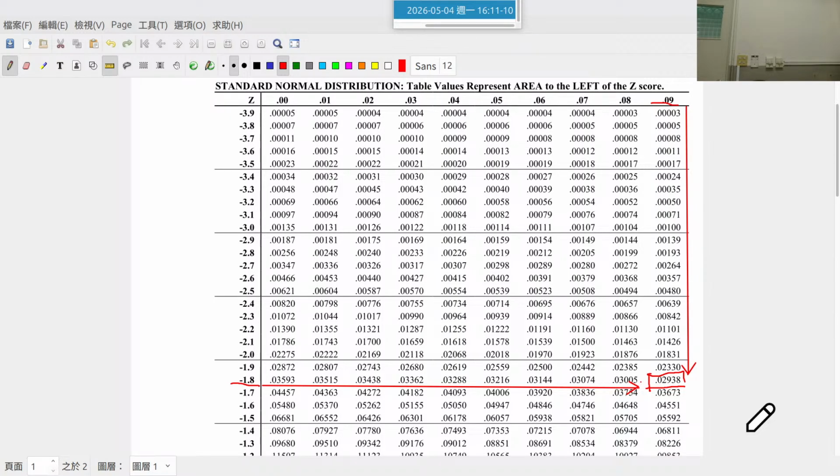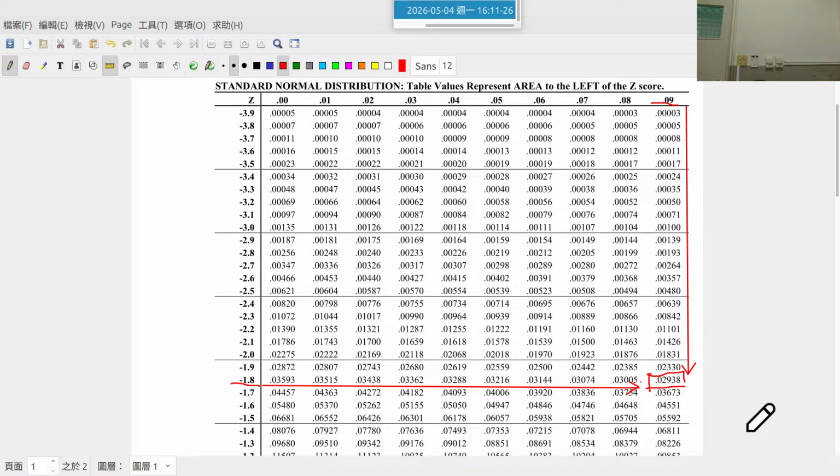We don't care about this because we are discussing statistics, not calculus. So in this situation, only 0 or positive values. Don't worry about the negative.